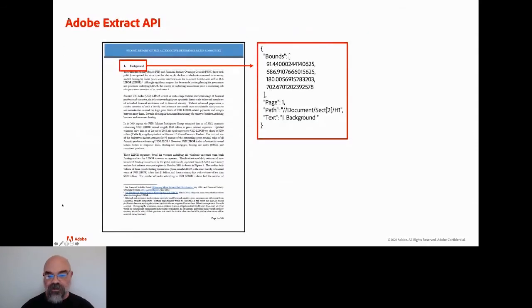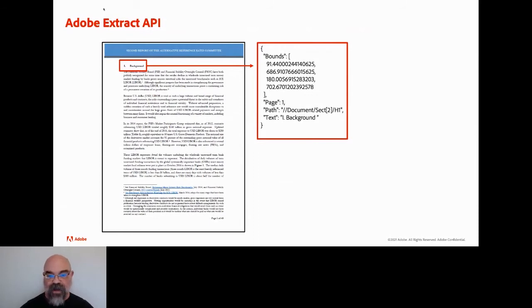So let's look a little bit more in depth into what that JSON looks like. I'm going to show you the real version of this PDF file in just a minute. But you can see that Roman numeral I and then the word Background in bold is actually being identified by Extract API as an H1, or a first level heading.